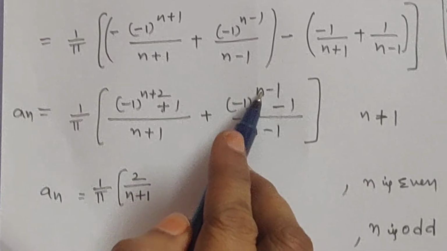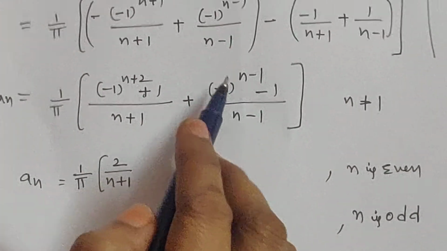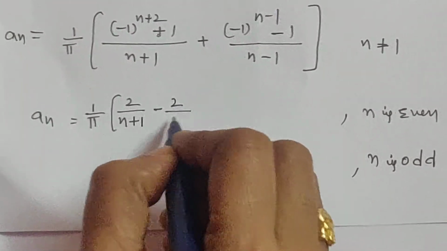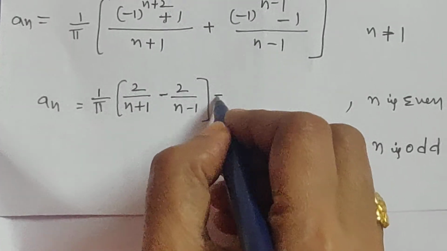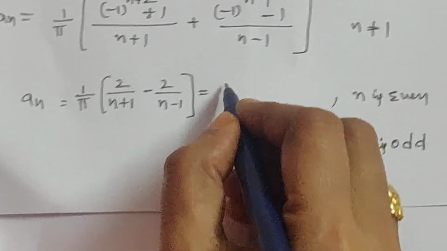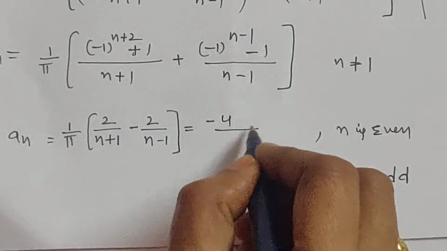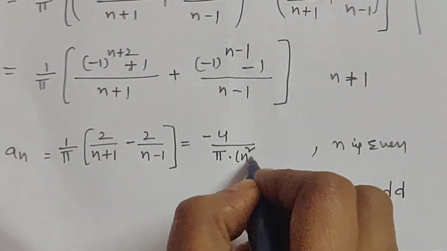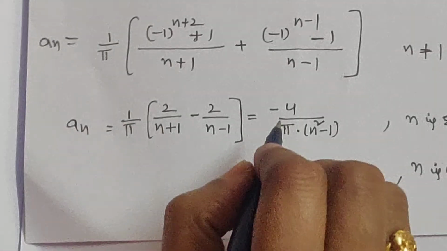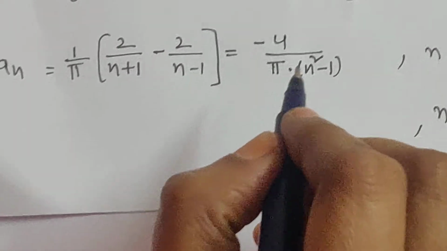If n equal to 2, it becomes odd, that is minus 2 by n minus 1. If you simplify this one, you will get minus 4 by pi into n square minus 1, by taking LCM and the simplification.